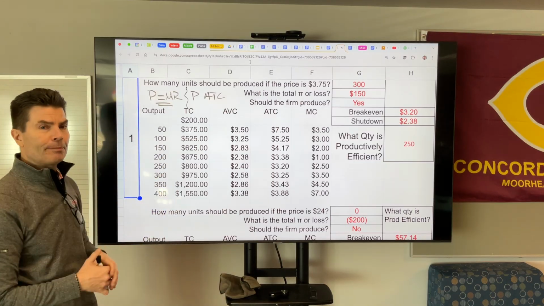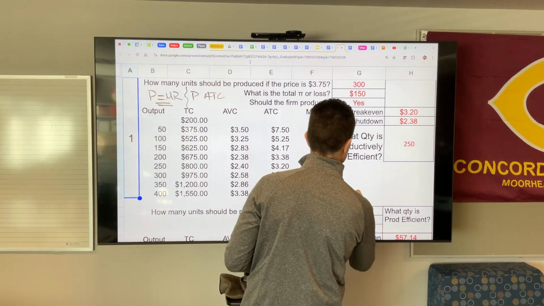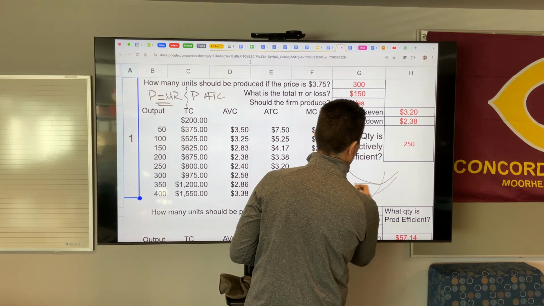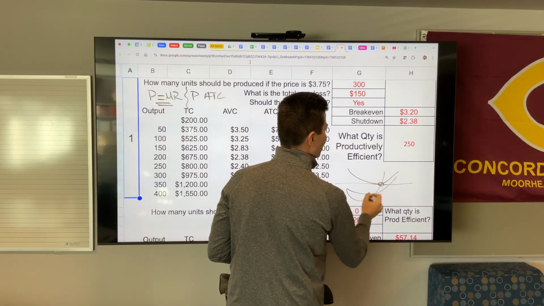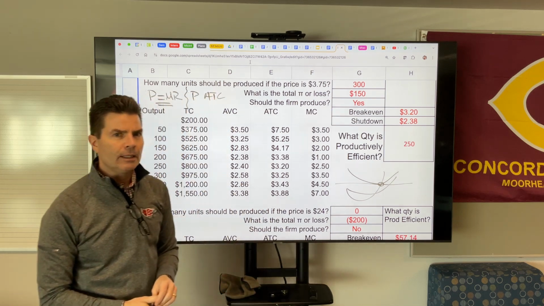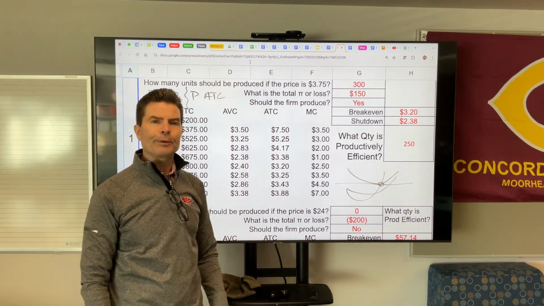Where would this firm actually break even? Remember that the break-even point is where you break even if your price is at the minimum point of your ATC. So your answer can't be that they break even at $3.75.